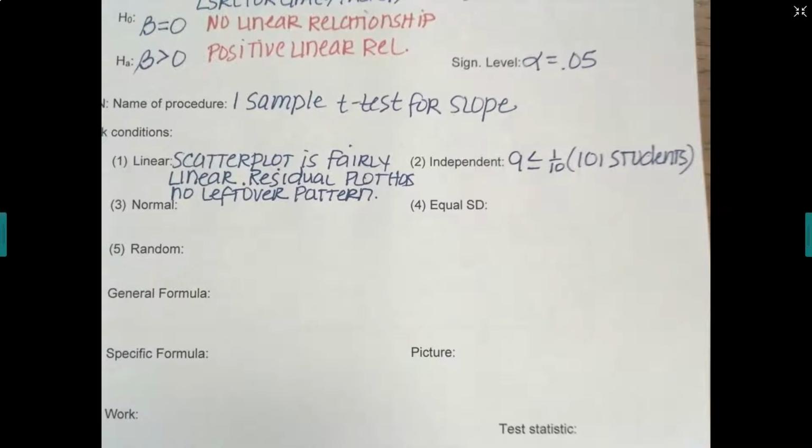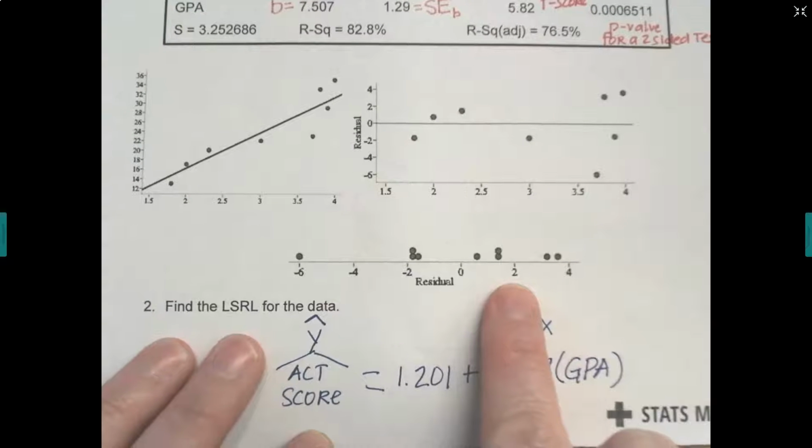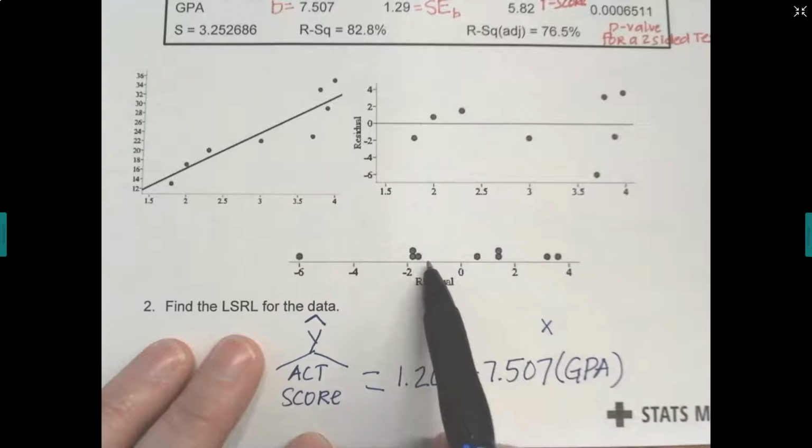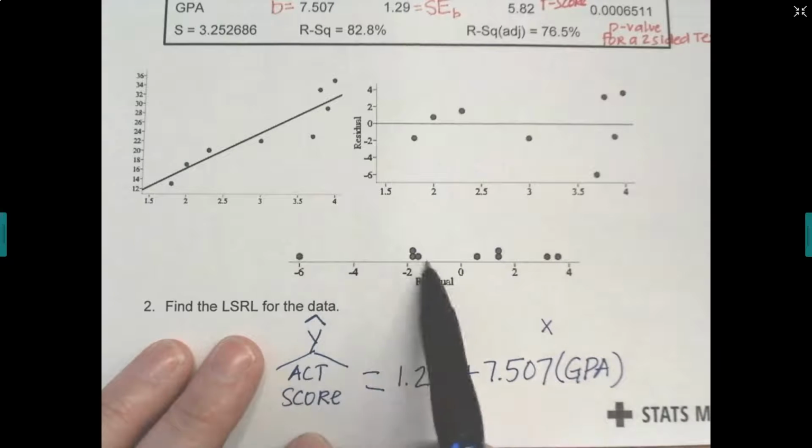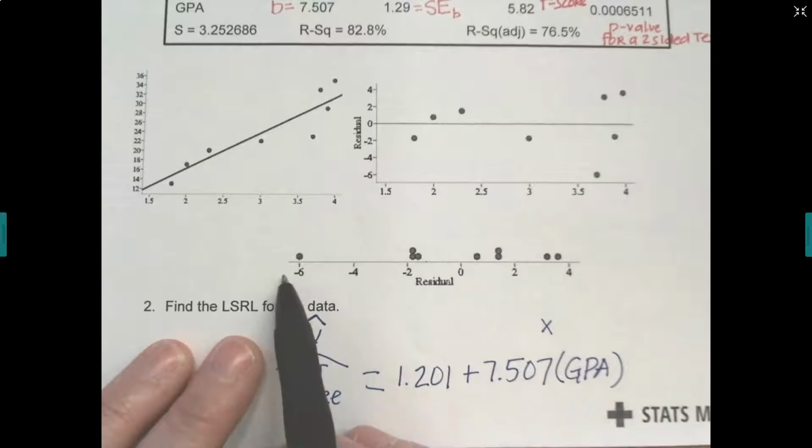Okay, now our normal, you want to look at the dot plot of the residuals. So here's our dot plot of our residuals. And from a center, we have like 4 on this side. We also have 4 on this side.